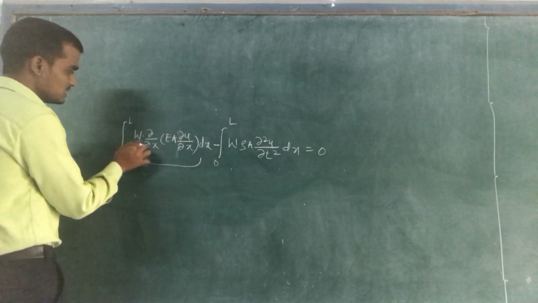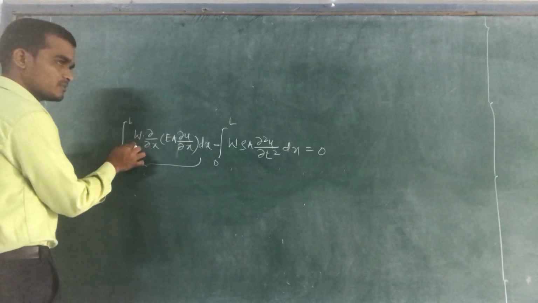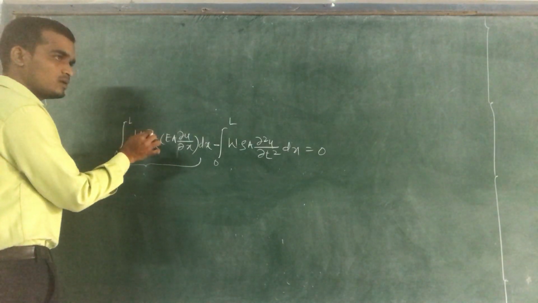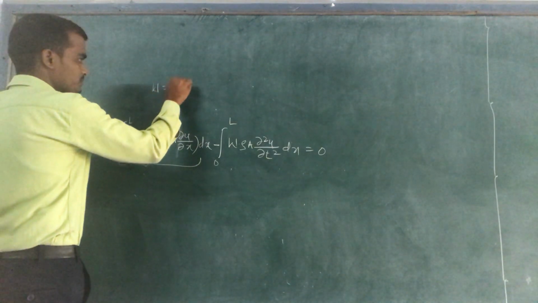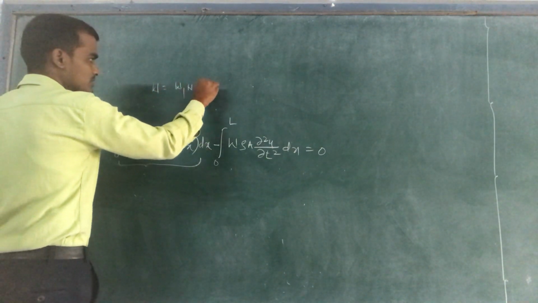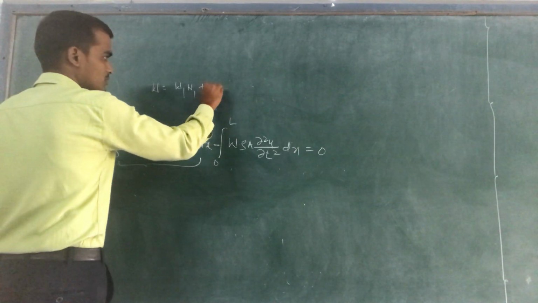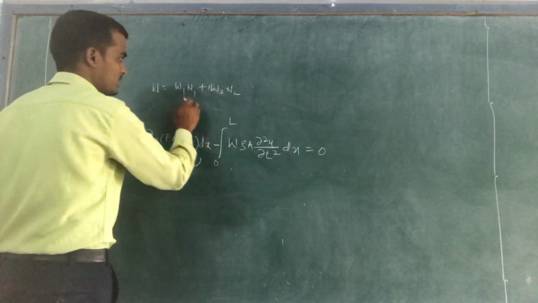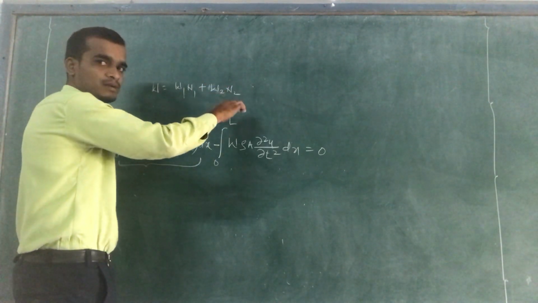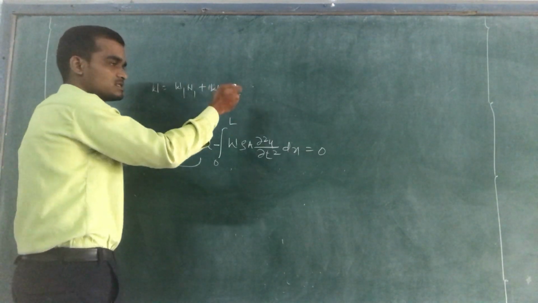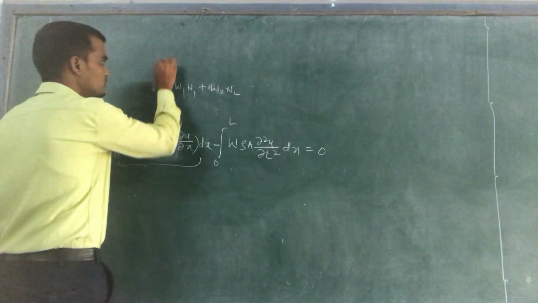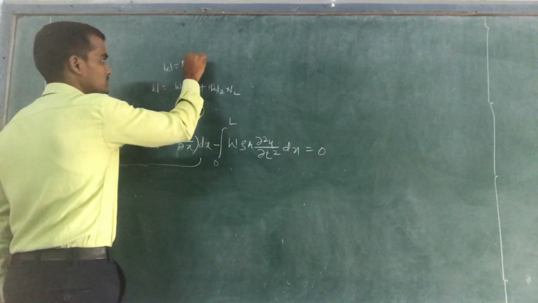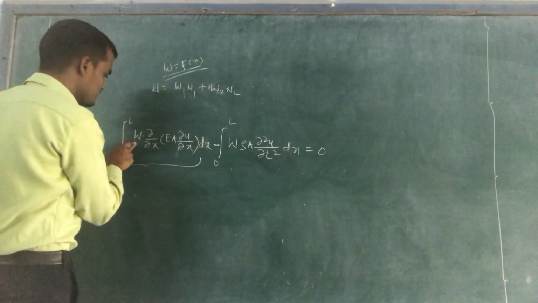But W is also a function of x, because W is written as W1 N1 plus W2 N2, and N1 and N2 are functions of x itself, since N1 is 1 minus x by L and N2 is x by L. So that's why W is a function of x.